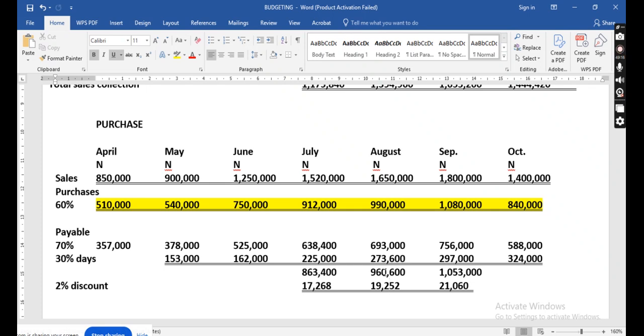19,332. 192,332. What is the total purchase?